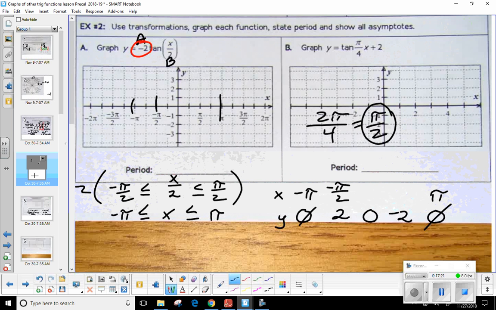Now, what's -pi over 2 plus pi over 2? Yeah, see, now I'm at 0. What's 0 plus pi over 2? Pi over 2. And remember, this should always happen. What's pi over 2 plus pi over 2? Pi. It should always match up with your upper boundary. If it doesn't match up, that means we made a mistake someplace.